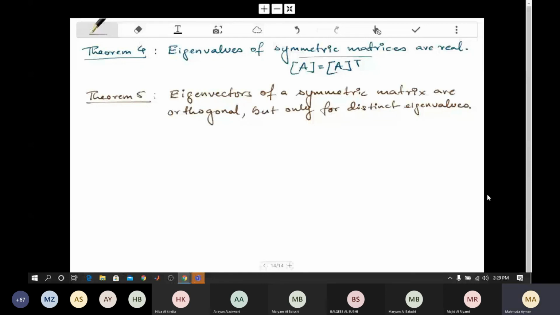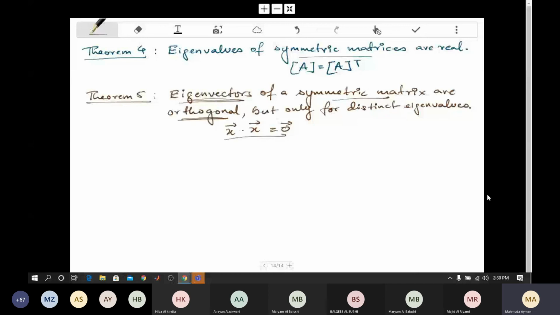If you find the dot product of these eigenvectors of a symmetric matrix, it will be equal to 0, which means they are orthogonal, perpendicular to each other.